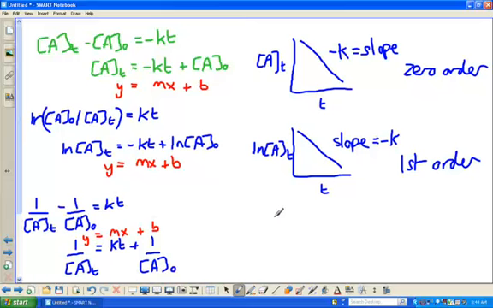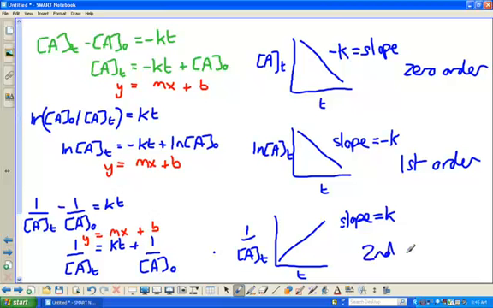So I know that if I plot, in this case, 1 over my concentration at time t versus time, my slope's going to be k again, but in this case the k is positive, so that slope is going to be positive as well. Right, and that is for a second order reaction.